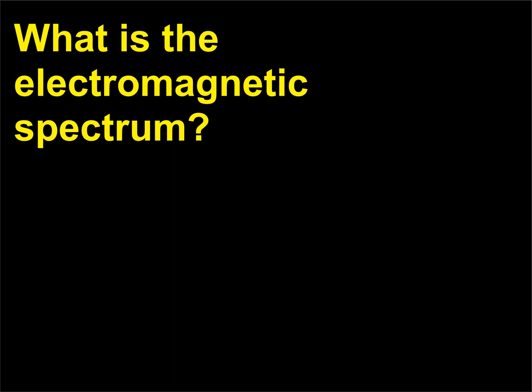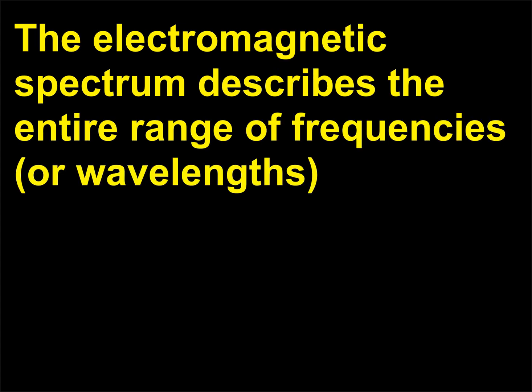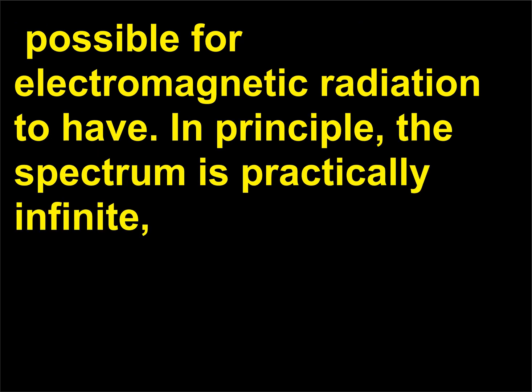What is the electromagnetic spectrum? The electromagnetic spectrum describes the entire range of frequencies, or wavelengths, possible for electromagnetic radiation to have. In principle, the spectrum is practically infinite.